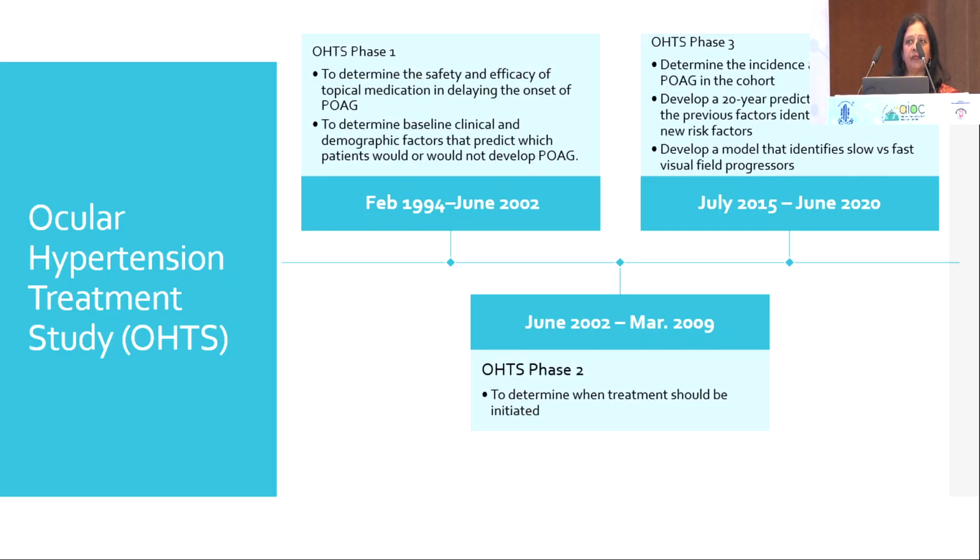This was to identify whether early treatment reduces the risk of conversion of OHT to POAG. In OHTS 2, it was to determine when treatment should be initiated. And OHTS 3 was to determine the incidence and severity of POAG in the cohort and to develop a 20-year prediction model.